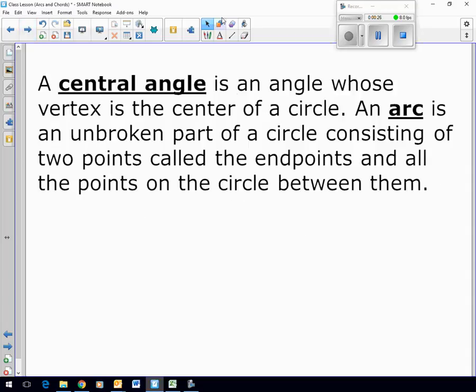A central angle is an angle whose vertex is the center of the circle.